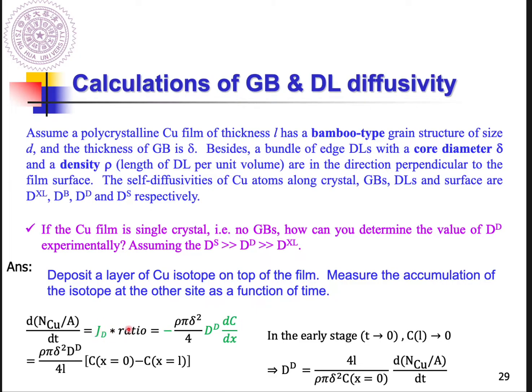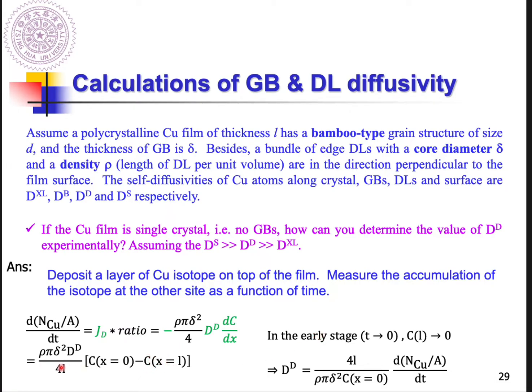So the diffusivity part can be expressed as minus the diffusivity of dislocation times the concentration gradient. And for the concentration gradient part, we can use the concentration at x equals 0 minus the concentration at x equals L. This is the bottom, the backside of the film, divided by the thickness of the film. And we also assume the early stage of diffusion, so this term can be dropped.